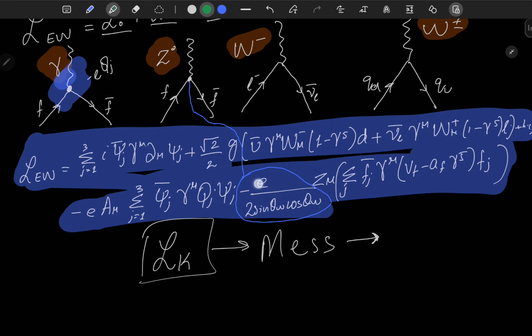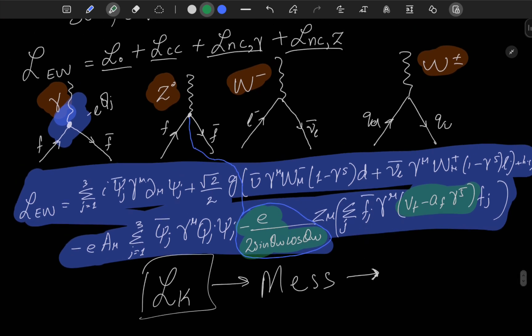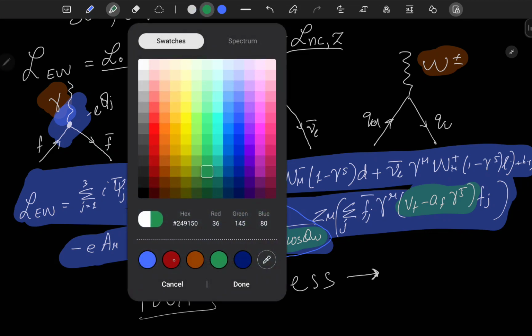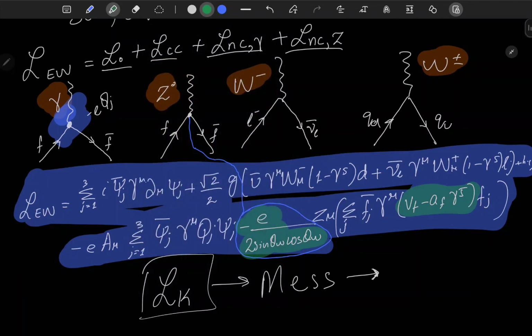Let's highlight this, and also this. The third and the fourth Feynman diagrams right here describe the charged current mediated by the W plus minus bosons, and the vertex here is proportional to this thing right here, and this.